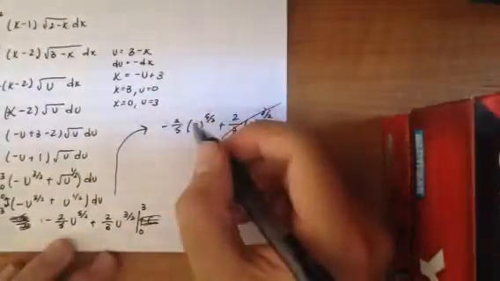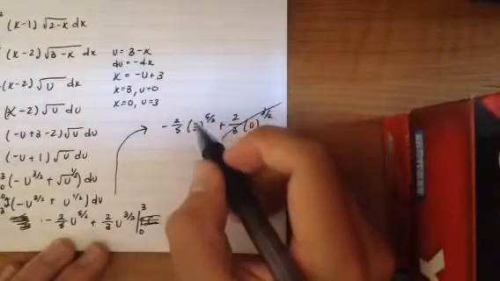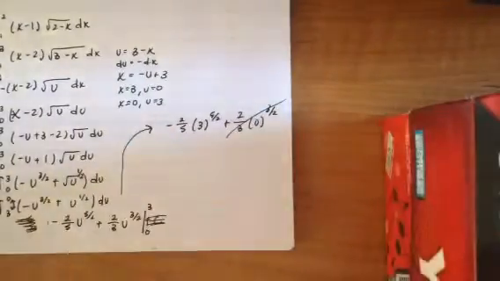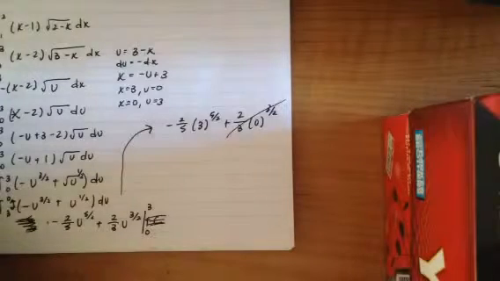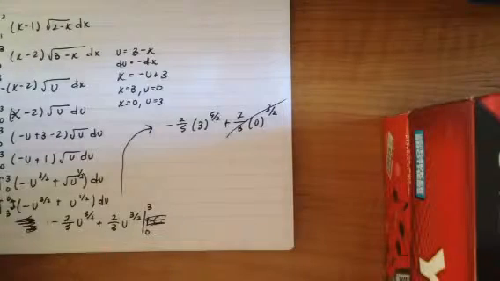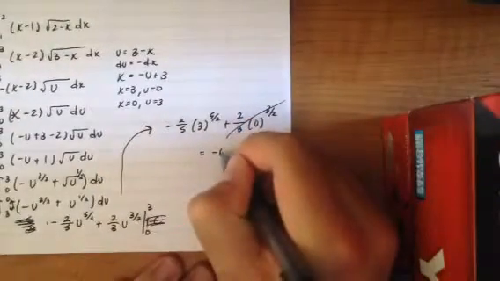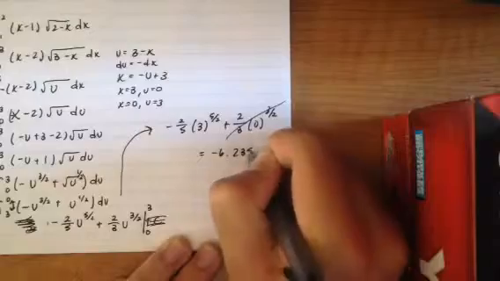I can plug it into my calculator as well, and in decimal form, I get negative 6.235.